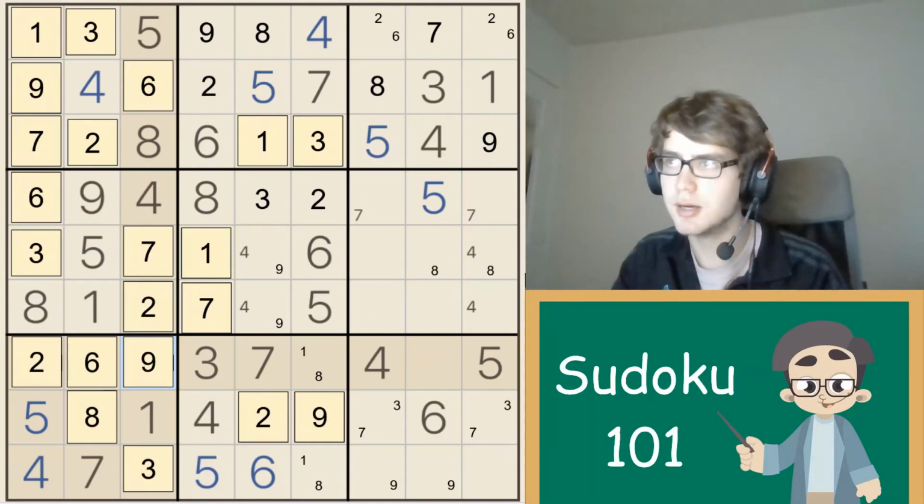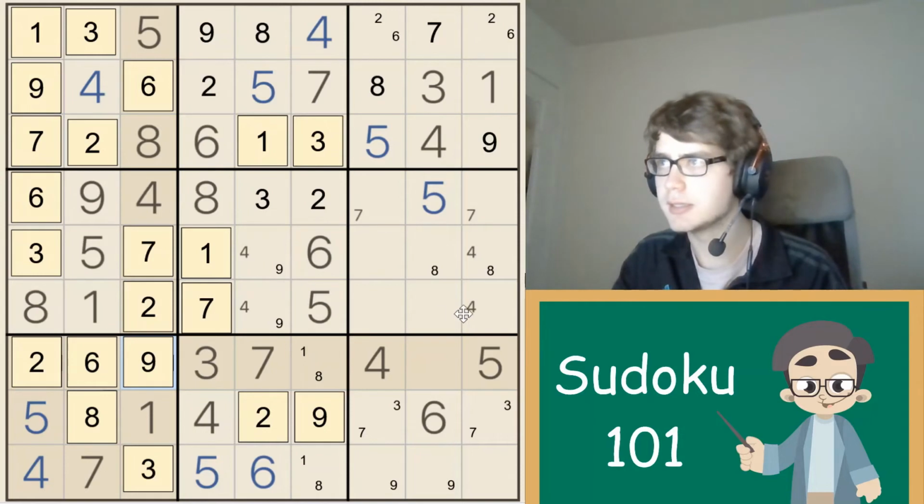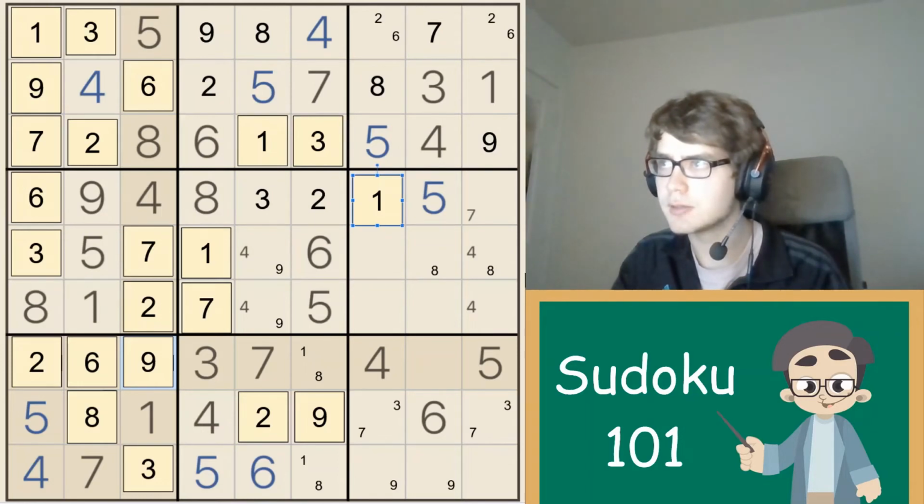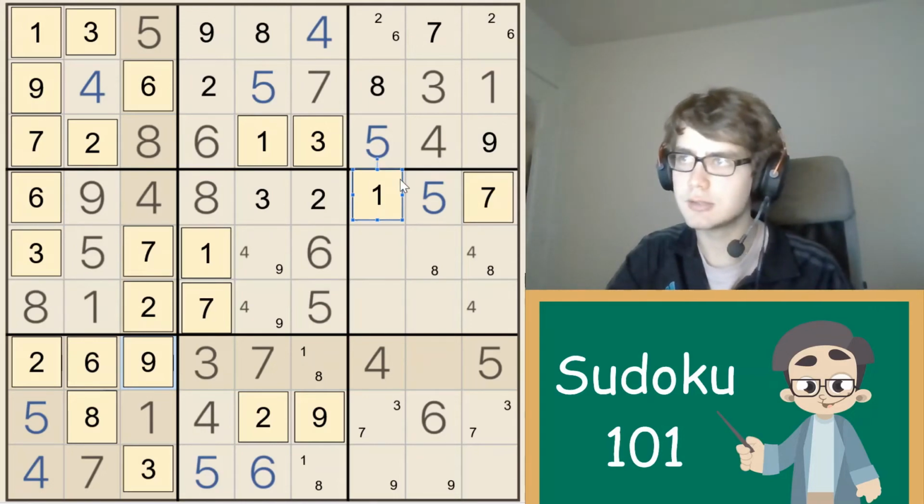Alright, let's look at this again. Since there is a 1 here, a 1 here, and a 1 here, the 1 has to go over here in this box, which means the 7 has to go here. And I'm going to center this box because it's going to drive me crazy.